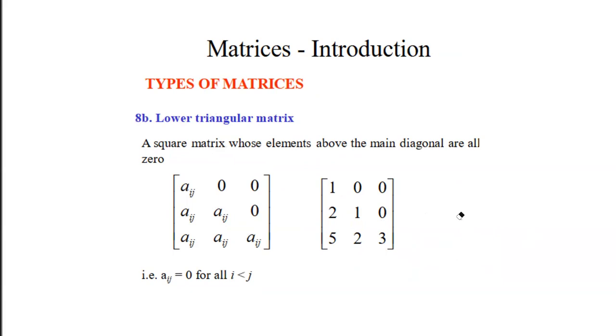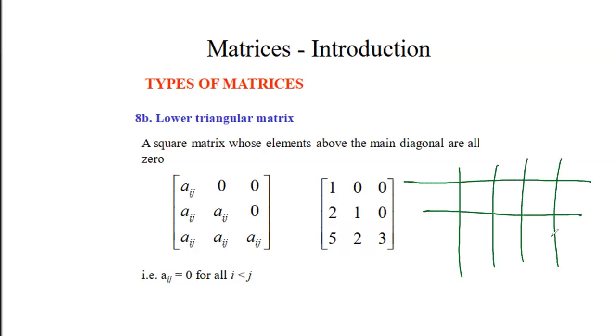Let me give an example here. They're not so significant. Sometimes you analyze a table of data, and someone tells you that when you look at the table, it basically forms, let's say, a lower triangular matrix. And right away that should tell you that all these here are zeros.